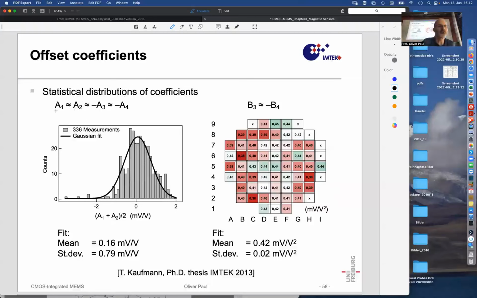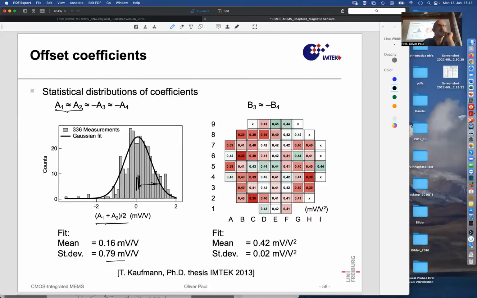And if you just take the average of those and plot it as a function of the samples for many samples, he measured that for a whole wafer, and then he found that this is statistically distributed around zero with a standard deviation. You see the standard deviation here of 0.79 millivolt per volt, and centered rather close to zero.